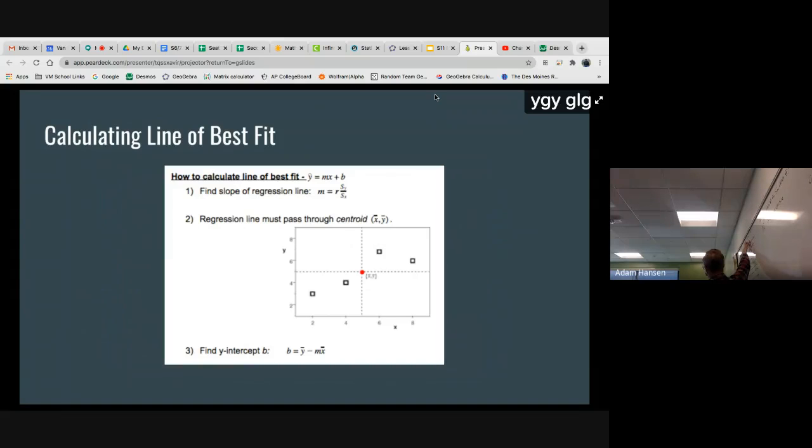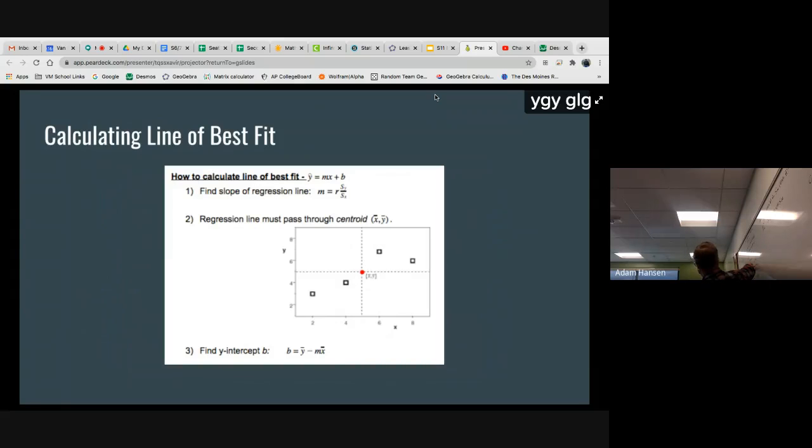So to write an equation in slope-intercept form, obviously I need the slope and the y-intercept. Formulas for those are right here. To find the slope of a regression line, I take our r value, the same correlation coefficient that we calculated in our last assessment, times the rate of change in y over x.